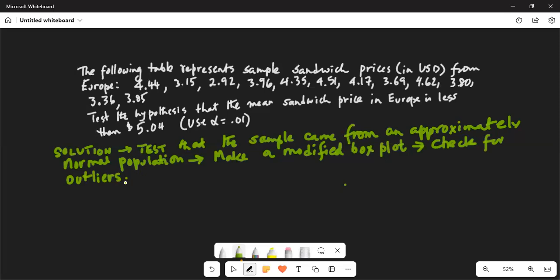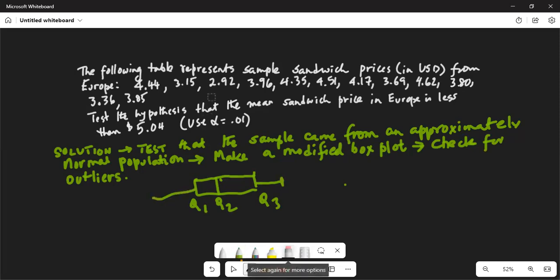And we will get a box plot like this on our calculator screen without any outliers. This is the box, and this is Q1, this is Q2, this is Q3, and it is slightly more extended. Let me clear that and make a better left whisker, slightly longer on the left-hand side.